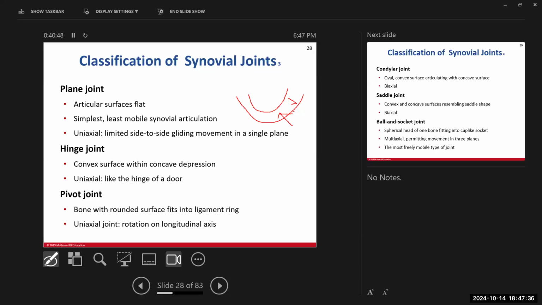Right, this one here, you're going to have a rounded surface of the bone that is going to fit into a ligament ring. Now, we didn't really talk about this too much in lab, but we did mention it in chapter 8 when we were learning about the axial skeleton, and we started on the spine.